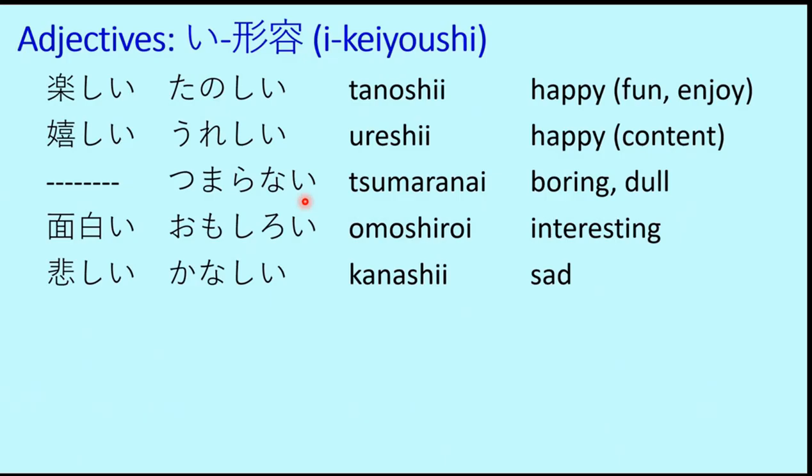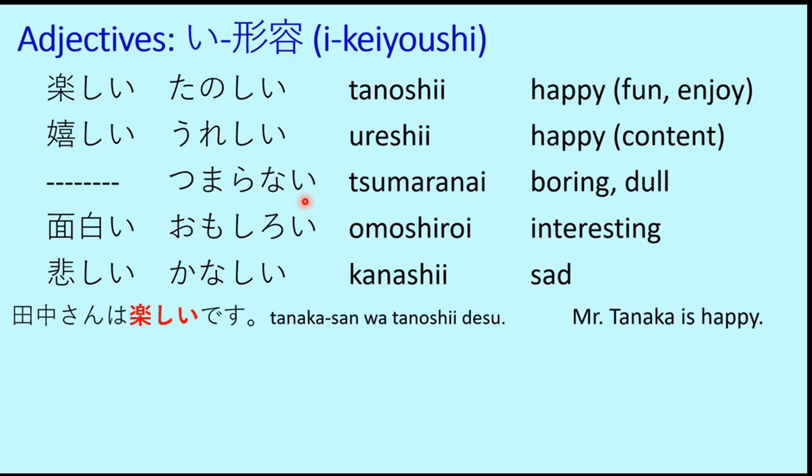So kanashi is the opposite of ureshi. And tsumaranai is loosely the opposite of tanoshi, but it is more the opposite of omoshiroi. So these are the five most important or most common adjectives to represent happiness, dullness, and sadness.